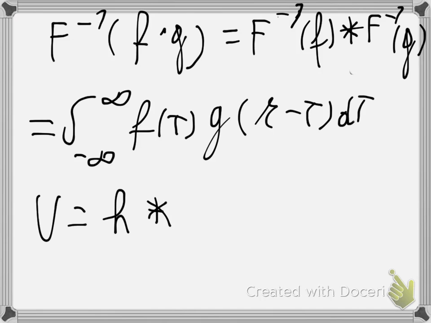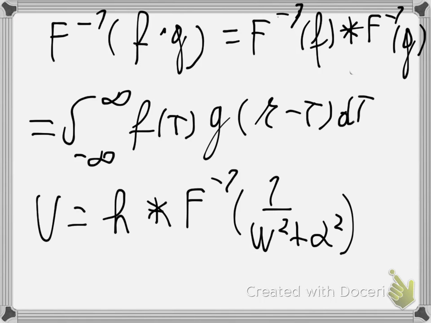Okay, it states that. And so we will get that u is equal to h convoluted with the inverse Fourier transform of 1 over omega squared plus alpha squared, okay? And that will be our solution.